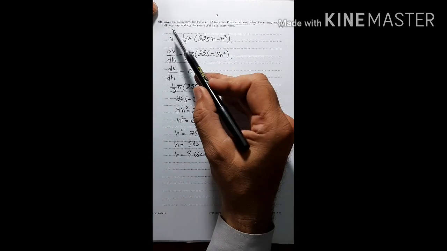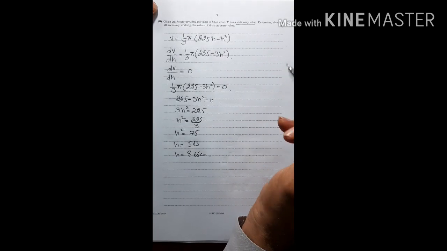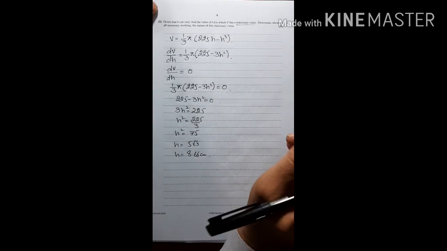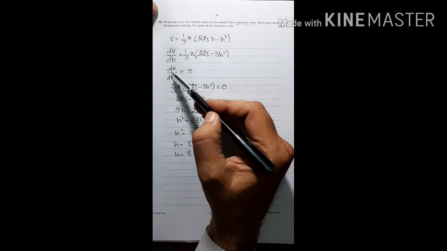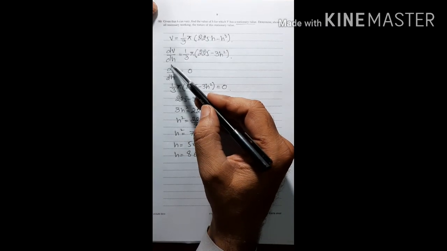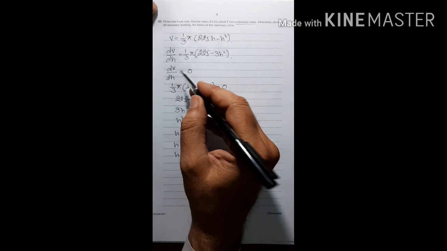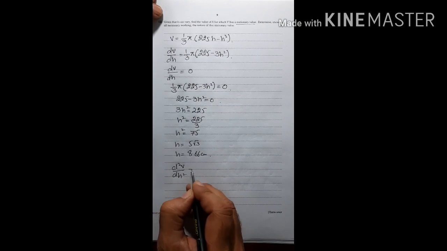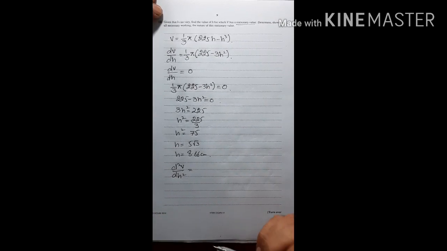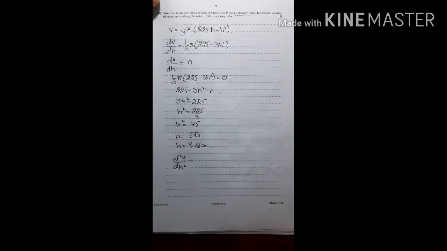Now determine, showing all necessary working, the nature of the stationary value, either it is maximum or minimum. For this I need d2V over dh square. For the nature, we need the double derivative, always keep in mind.